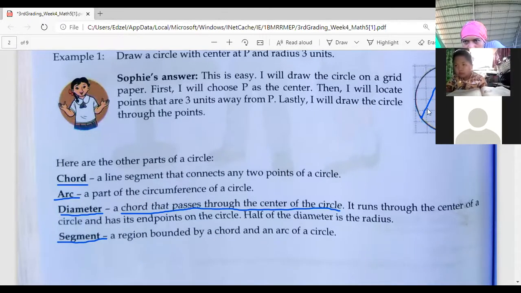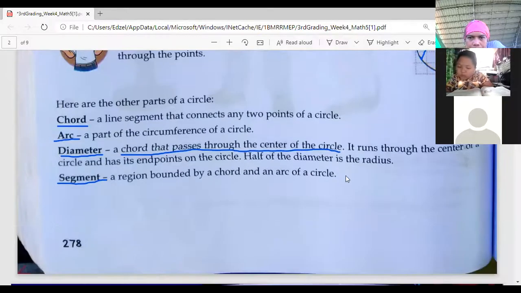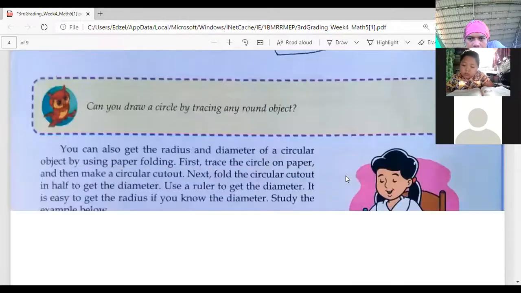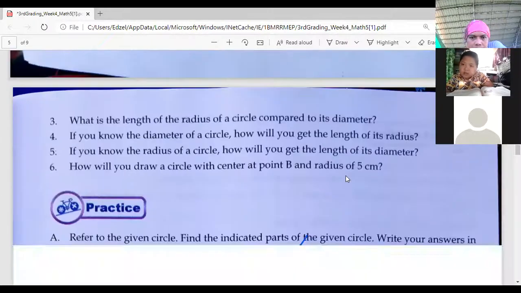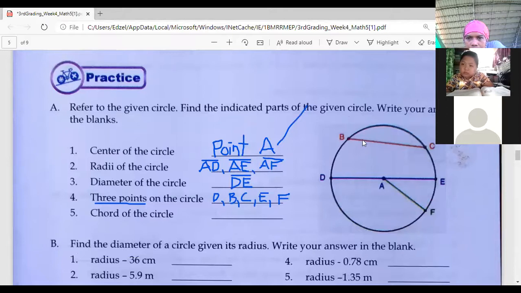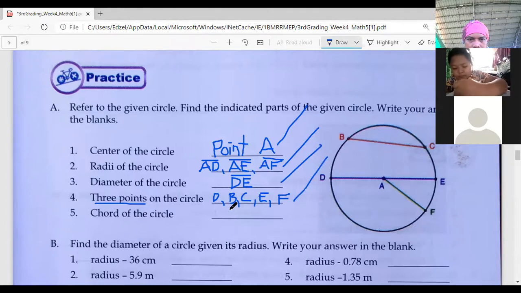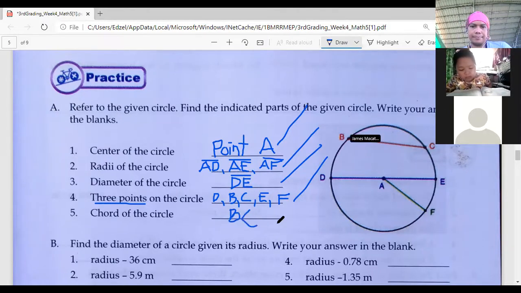So, from this point to this point, pag i-connect na, that's a chord. Then, sa atong figure is BC ang answer ni Joshua. And yes, BC, this is a chord. That's correct. Then, ang atong chord is chord BC. Pwede rin CB. Baliktad, CB.